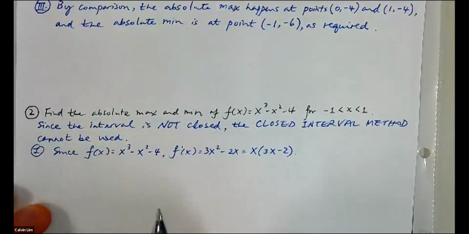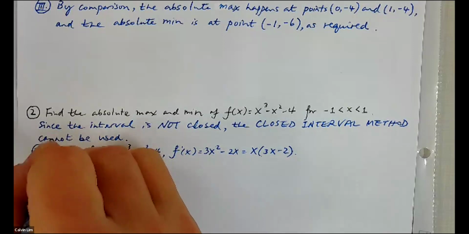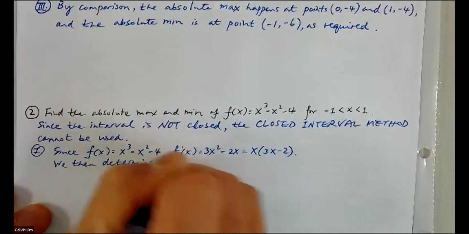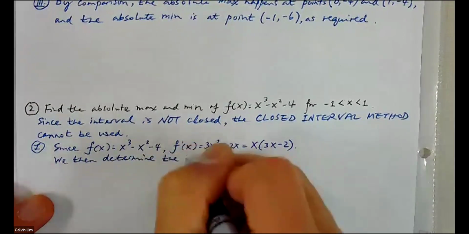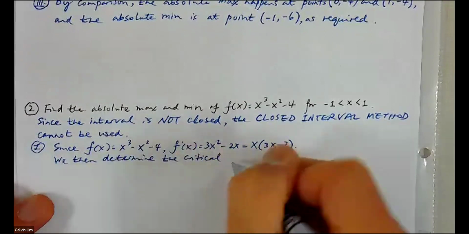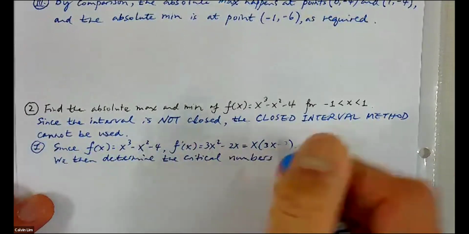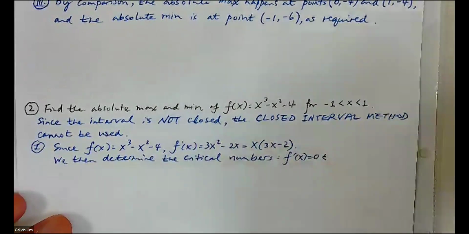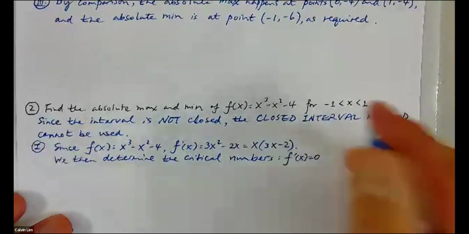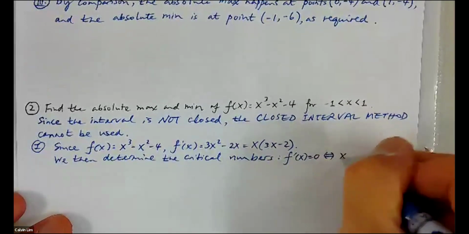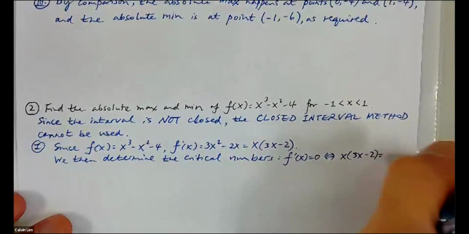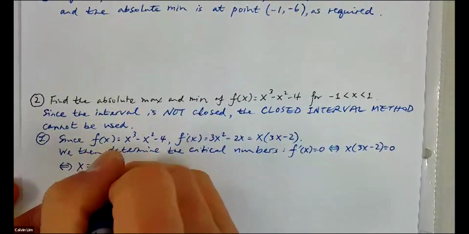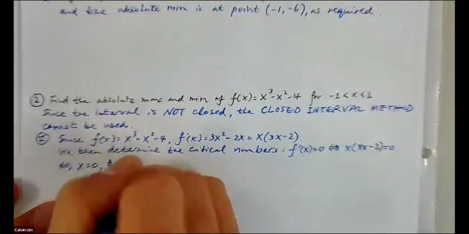Next, we determine the critical numbers. Set f prime of x to 0. That means x times (3x minus 2) equals 0. That means x equals either 0 or 2/3.